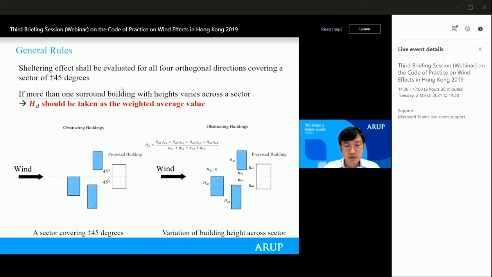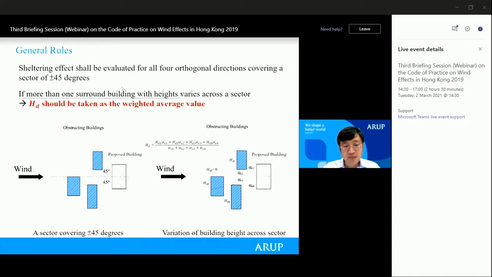calculated HD values. Here is an example. For one direction, we consider plus and minus 45 degrees, so that is totally 90 degrees. Across the 90 degrees, we can see there are three obstructing buildings with different heights. So we can further divide this into four divisions.